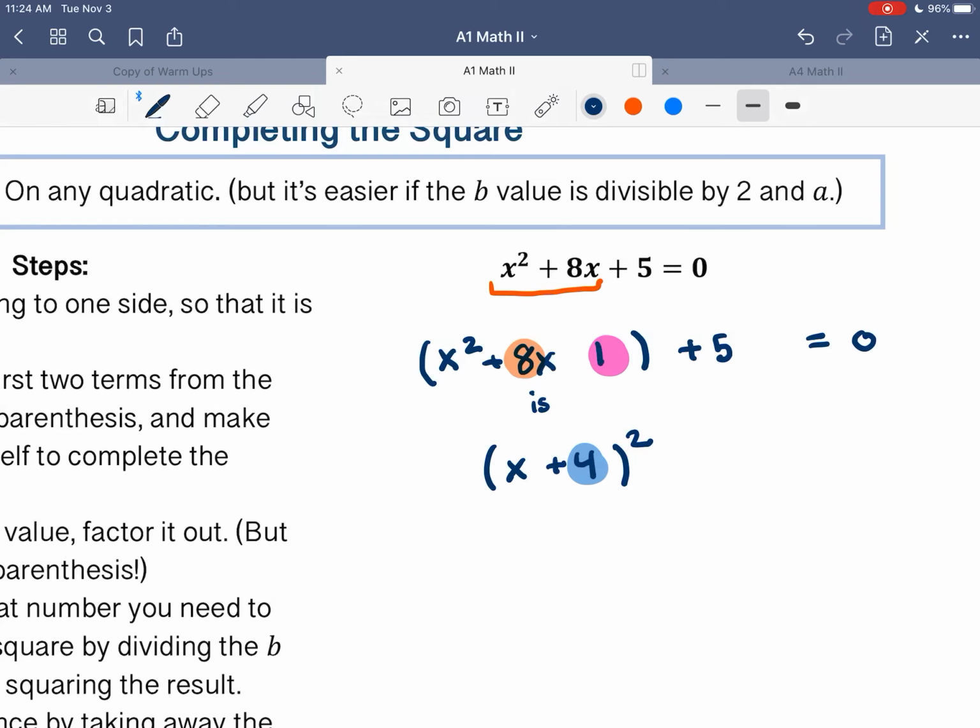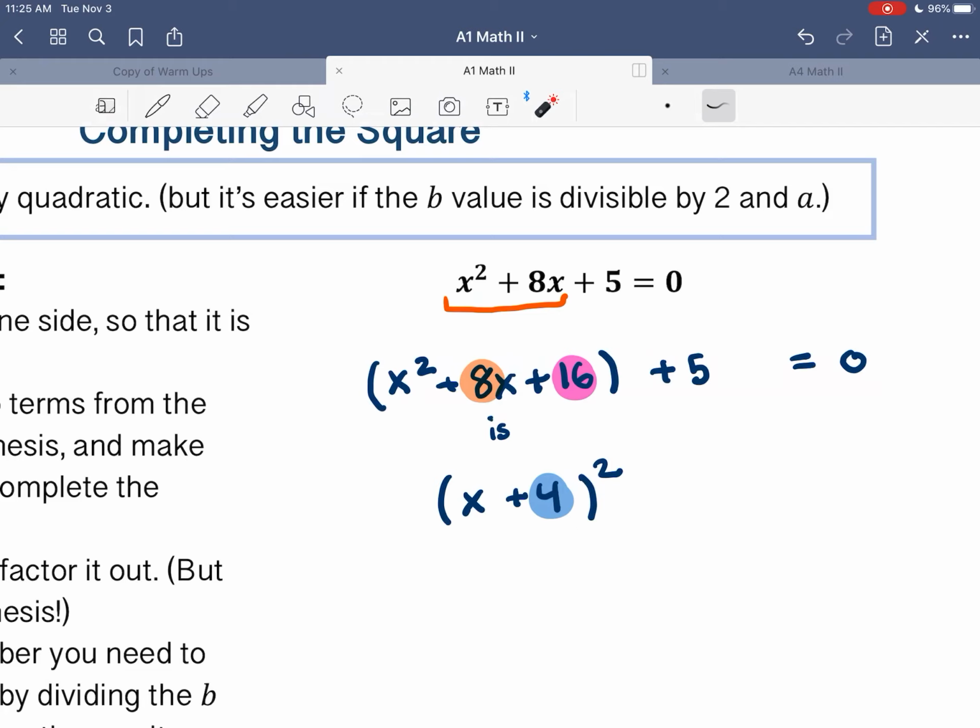That's awesome. Here's the issue, though. We're going to ignore this part down here for a second. But in this equation here, we just added 16 on one side, and that's not allowed. We can't just add 16 to one side of the equation and say it's fine, because we've just unbalanced our equation and made it completely different.